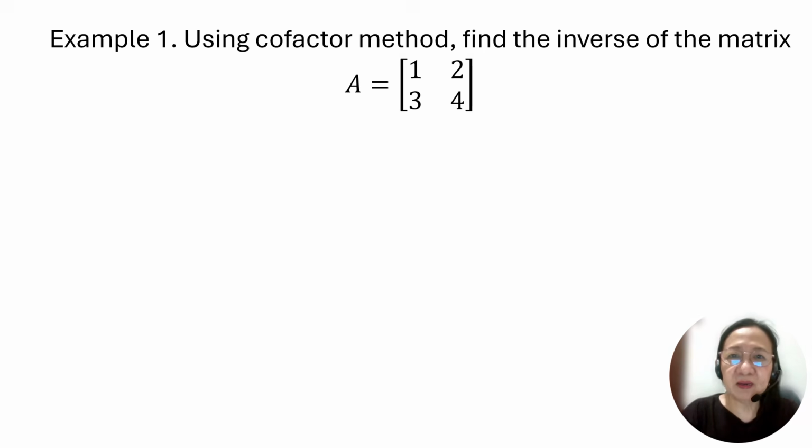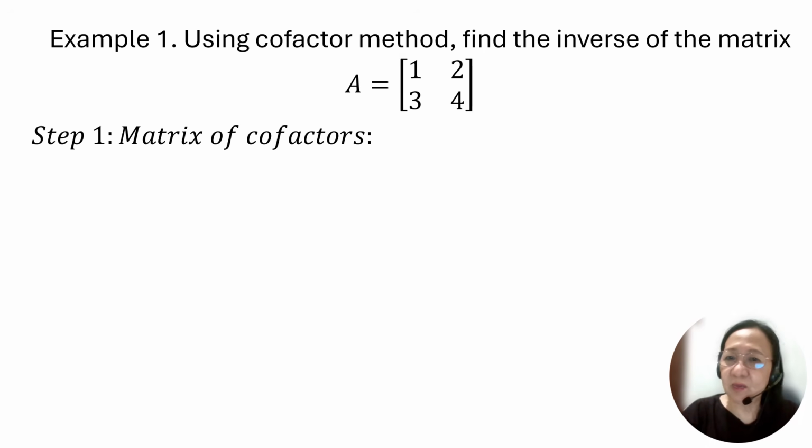Now let us apply the steps that we have mentioned in the following examples. Using the cofactor method, find the inverse of the matrix A whose entries are 1, 2, 3, 4. For our step 1, we're going to find the matrix of the cofactors.